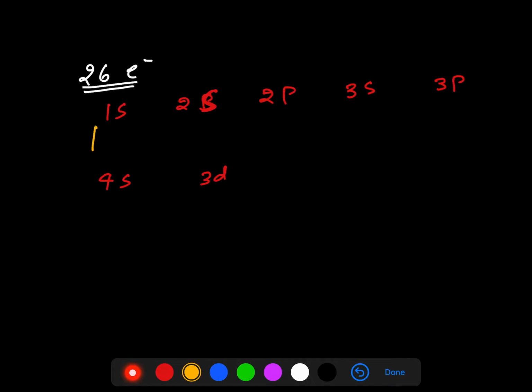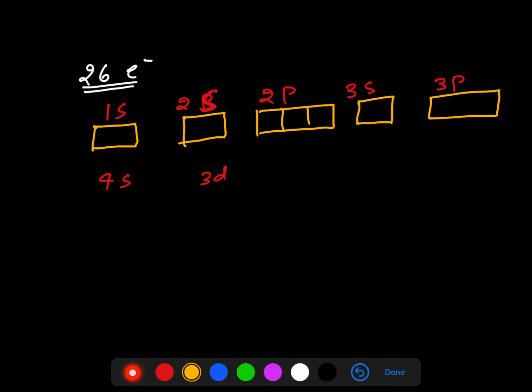Let's take the orbital diagram. This is 1s, 1 square, 2s, 1 square, 2p, 3 squares, 3s, 1 square, 3p again 3, because p has 3 orbitals, 4s again 1, but 3d has 5 orbitals, so 5 squares over there. Let's try to fill the 26 electrons in these.